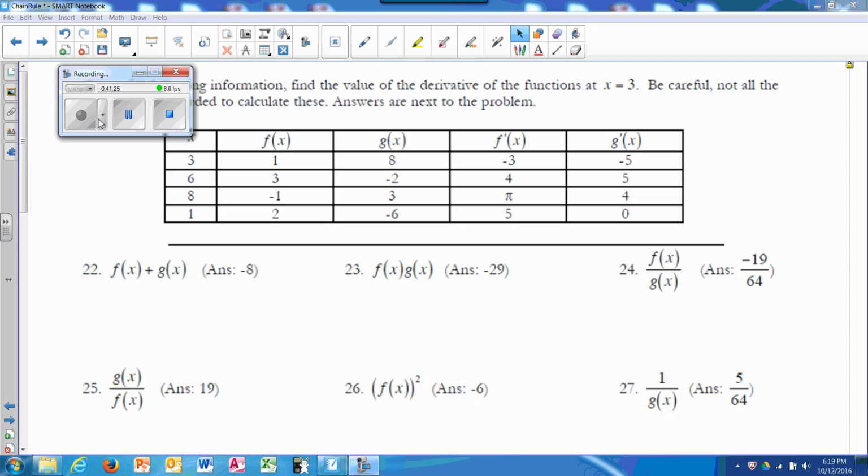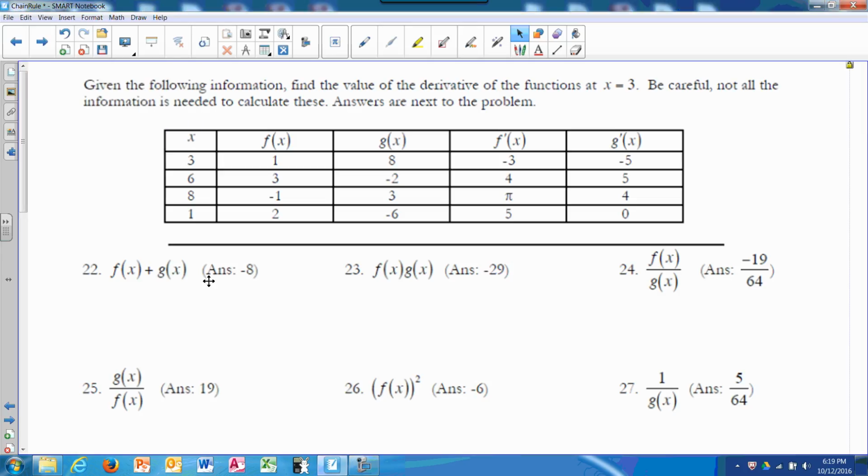So you got to be careful on that part. So x is 2, g of 2 is 3. So we need f prime 3, which is 4, but g prime at 2, negative 2. That would be my FRQ answer. My multiple choice answer is negative 8.